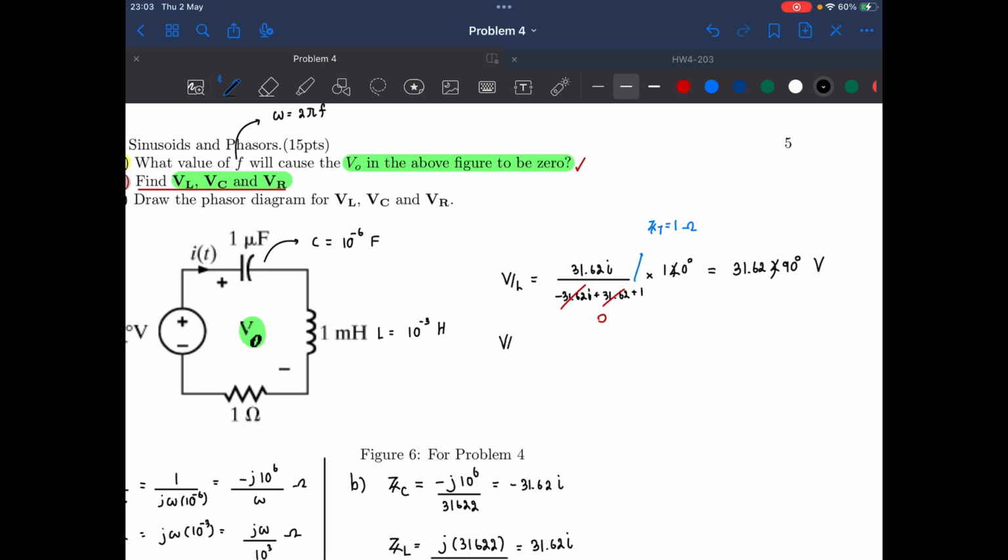Another one is the voltage for the capacitor here, which will be this value.